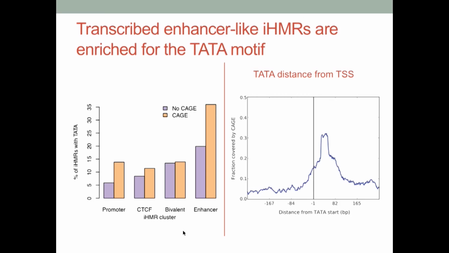Yes? Some of the literature says that the transcription is constantly bidirectional. Do you see enrichment in both directions? Yeah, in this case we've looked at the direction, and many of the transcripts produced from the eRNAs are unidirectional, and often in a similar direction to the nearest genes, I believe.